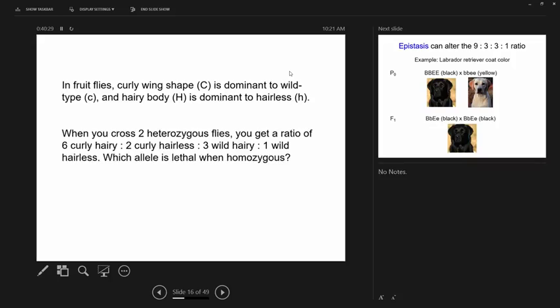Then the 2, curly hairless, what's the genotype of this one going to be? That's a capital H. Then 3, what's this one going to be?